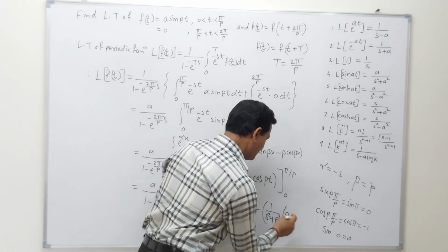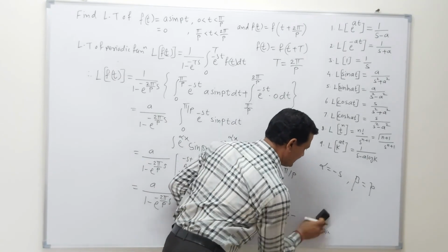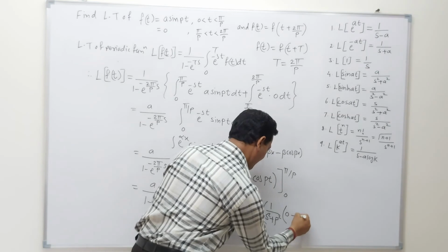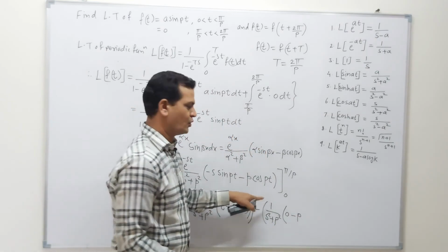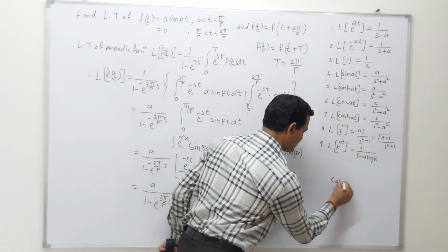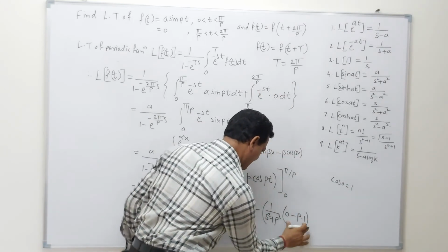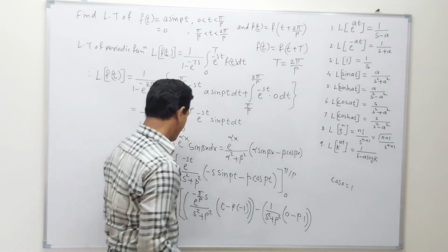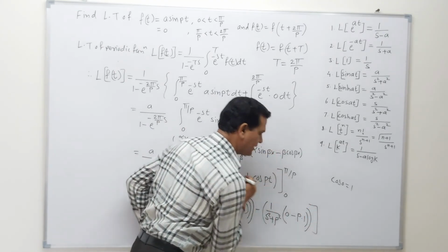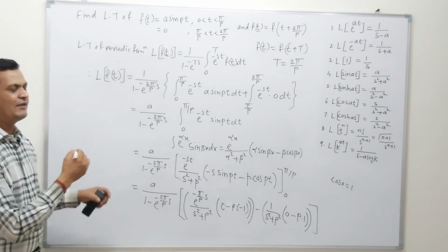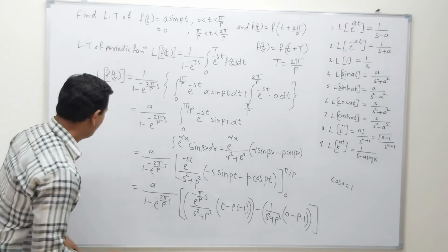Again minus, so after taking the minus sign we get p, then cos of 0, and we know the value of cos of 0 is 1, so we write this as 1. Now this lower limit bracket is over and this bracket is over. So this is the value after putting in the upper limit and lower limit for the given equation.